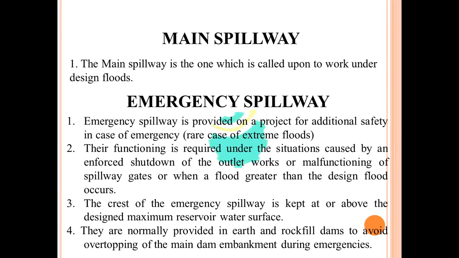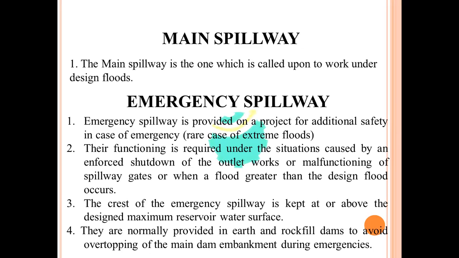Their functioning is required under situations caused by an enforced shutdown of the outlet works or malfunctioning of spillway gates, or when a flood greater than the design flood occurs. So when the spillway gates are not functioning properly, or the flood occurring is more than the capacity of the spillway, then the emergency spillway is used.